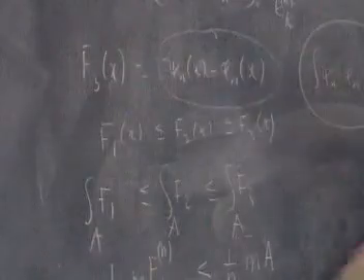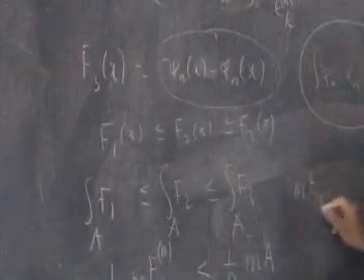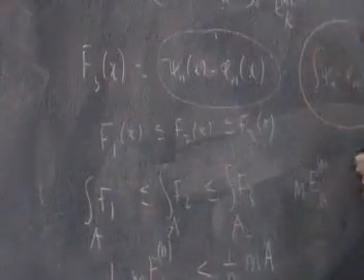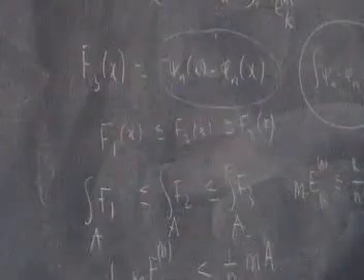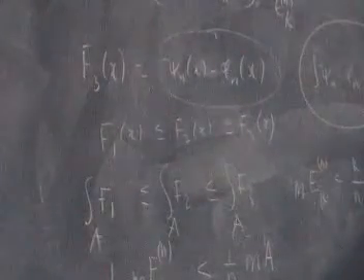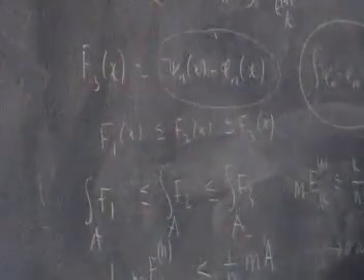So therefore, what do you get? The measure of EKN is less than or equal to k by n. The measure of A is finite and this is true for every n, and it tends to 0 as n tends to infinity. So that's all that was there.